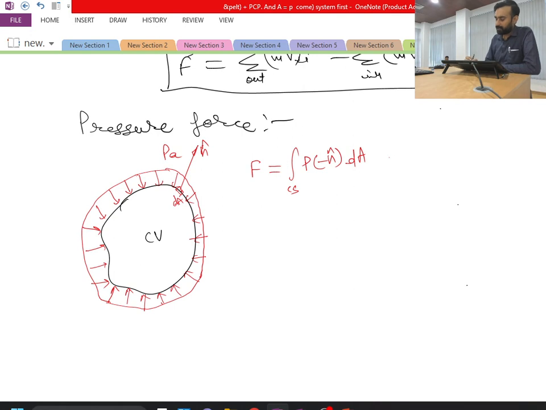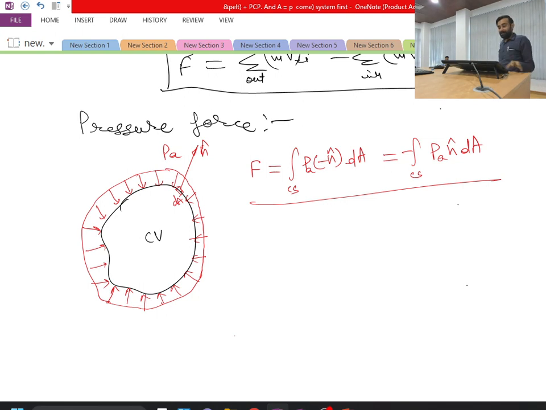And it becomes the integral of minus P, where P is P atmospheric here, because I am considering this to be atmospheric pressure. So minus P atmospheric times n cap times dA. So this is my pressure force. Fine. Now, can you tell me what is the magnitude of this force?